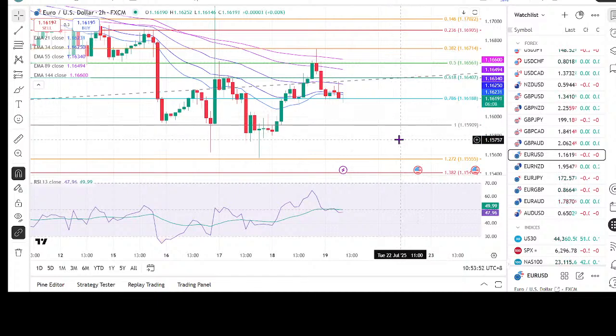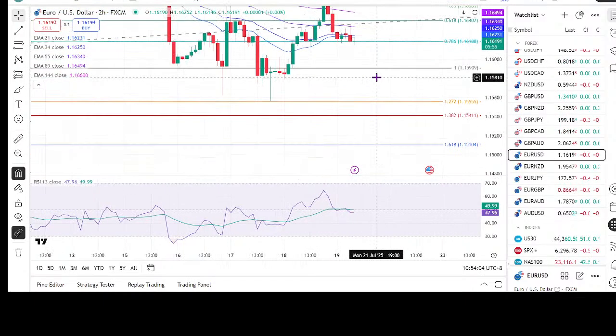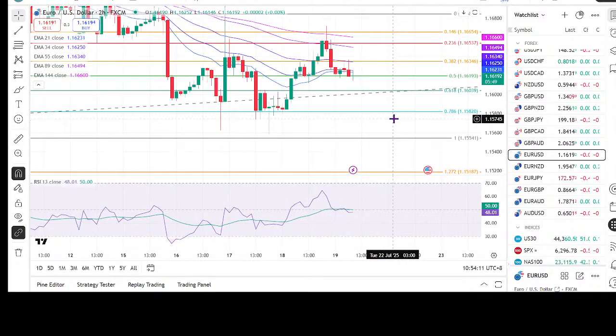The target we should look for is 11580 conservatively, and of course if it breaks, we can go for 11545. As far as the daily low is concerned, we will take it as 11510. So these are the two levels based on the chart, and these are the levels we are going to put in for daily levels.